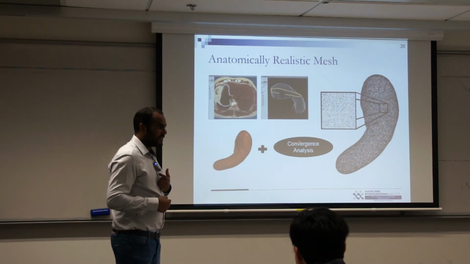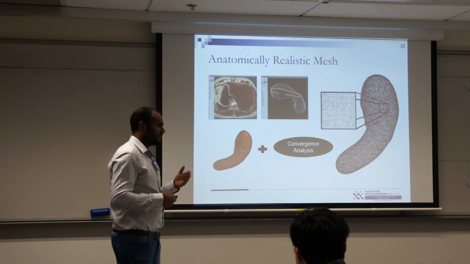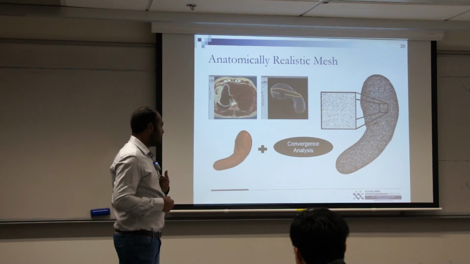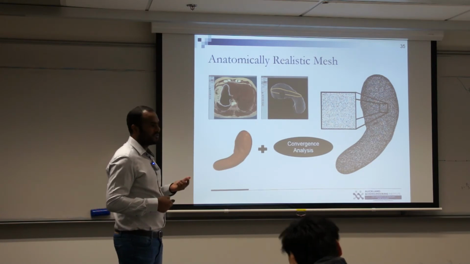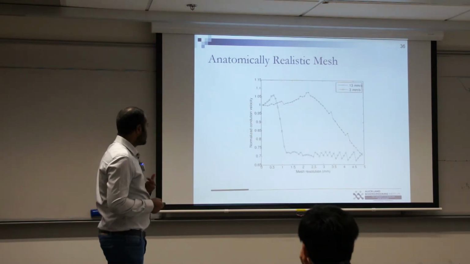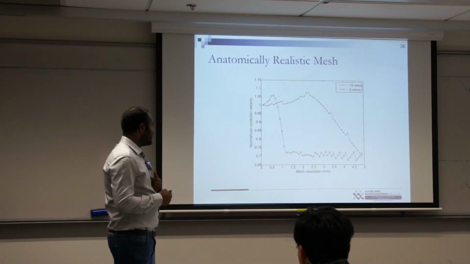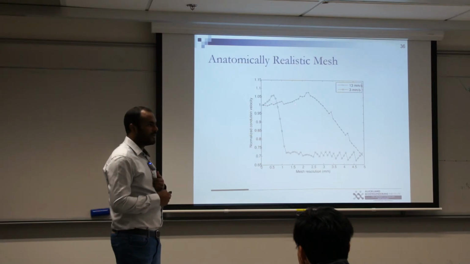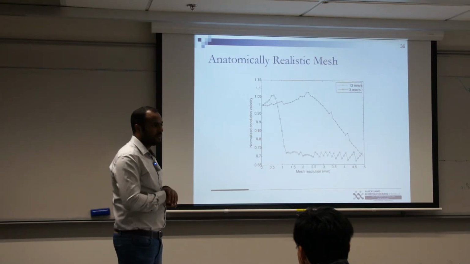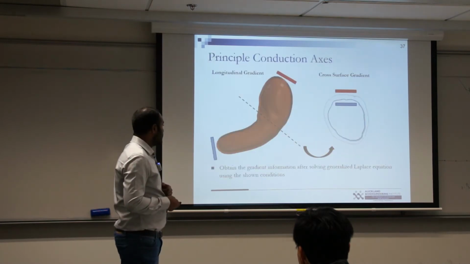We perform a convergence analysis using one-dimensional network propagation, and based on the convergence analysis, we generate a tetrahedral mesh using the tool TetGen. It's a freely available tool. From the convergence analysis, we observed that a mesh resolution of at least 0.4 millimeters is required for an accurate solution without messing up the solution process.